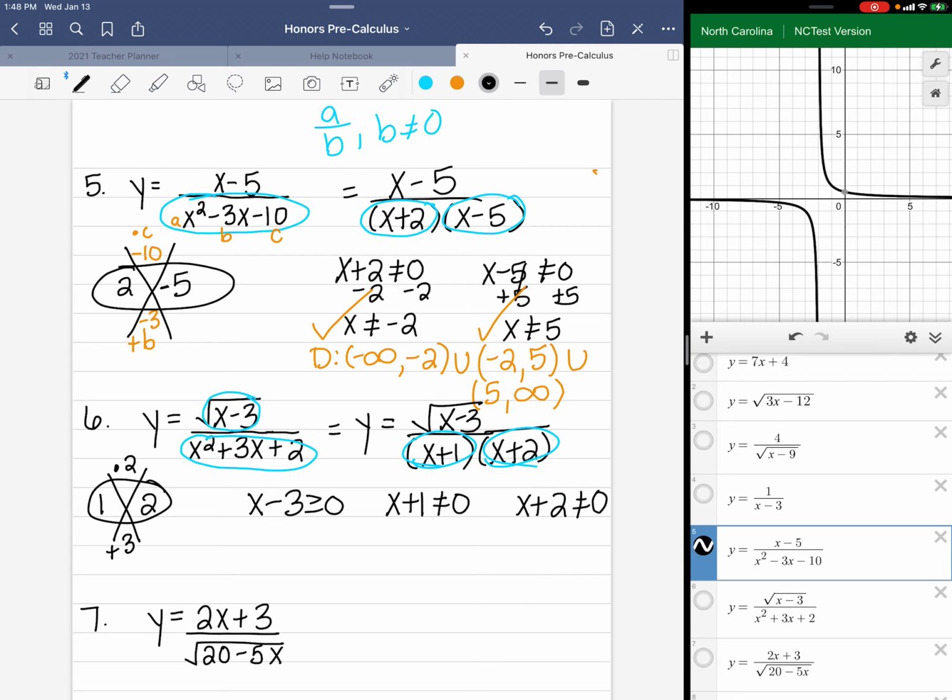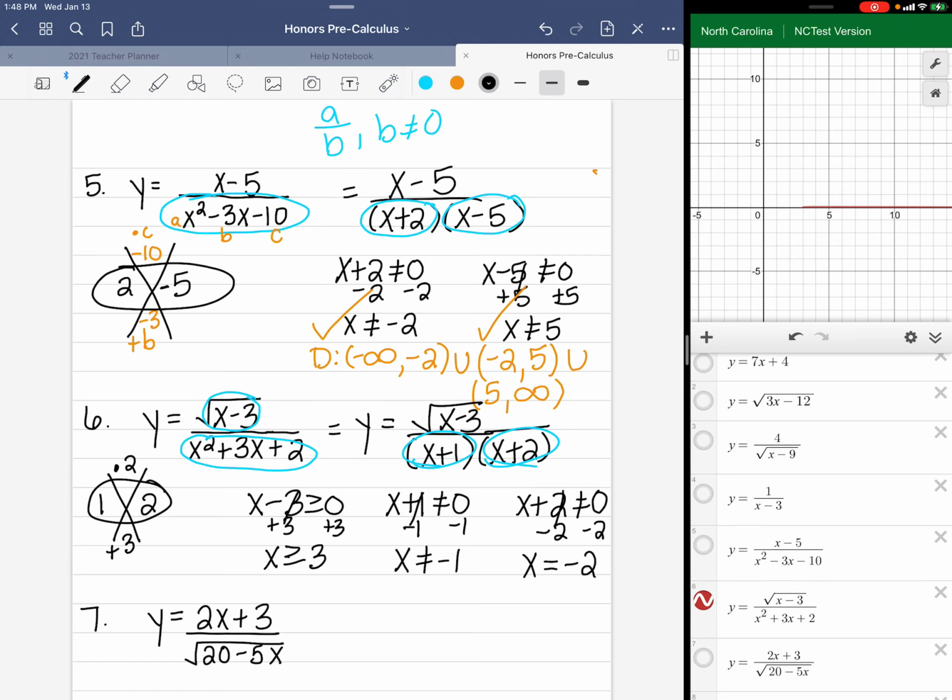So we're applying 3 restrictions in this particular example. So when I start with the first one, if I add 3, x has to be greater than or equal to positive 3. All right. Then I see that I have a restriction that x can't equal -1, and I see that I have a restriction that x can't equal -2.